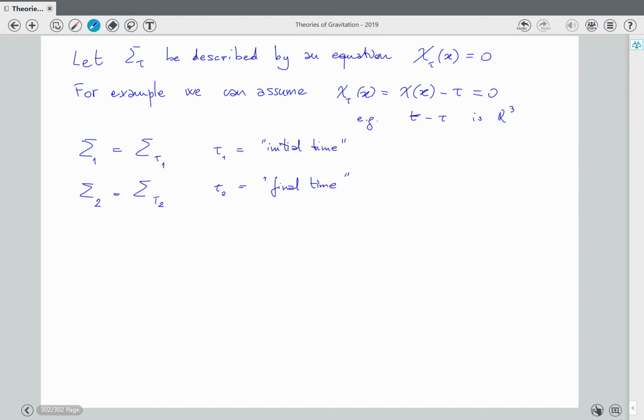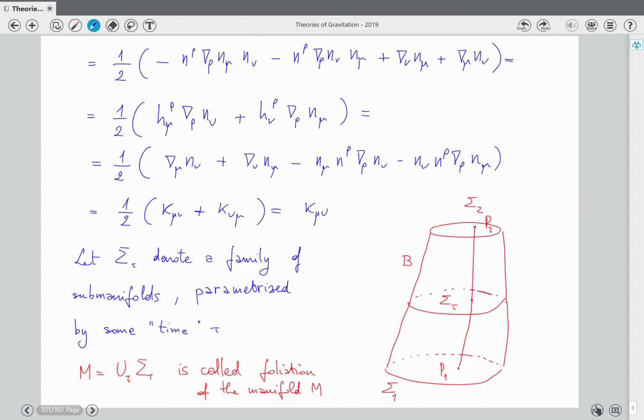And in the end, we will assume that they are going to minus infinity and plus infinity respectively. So again, we do not work with R3 actually. This is just to illustrate, because we want to have something compact even in space, because we want to describe the boundary term of the action.